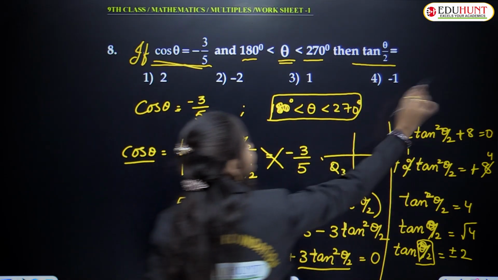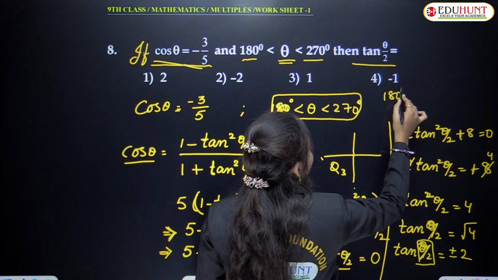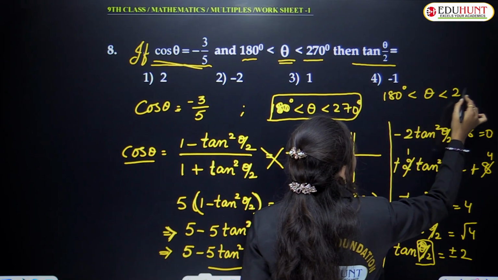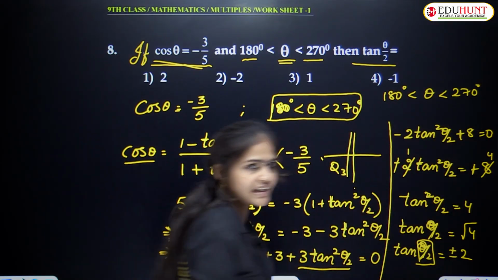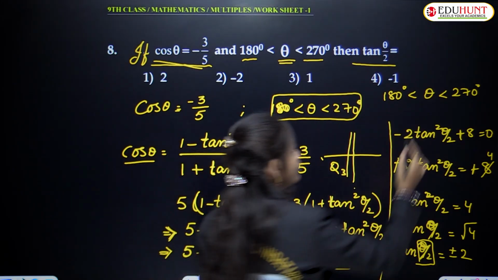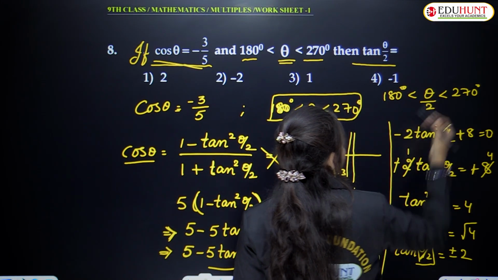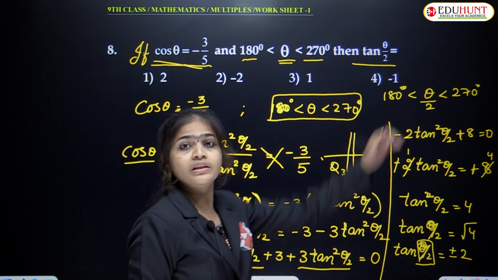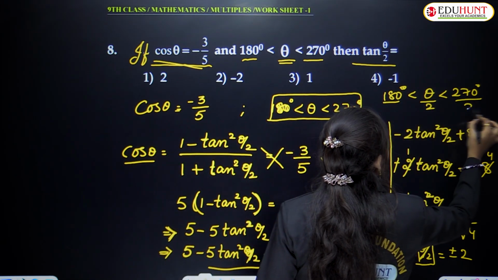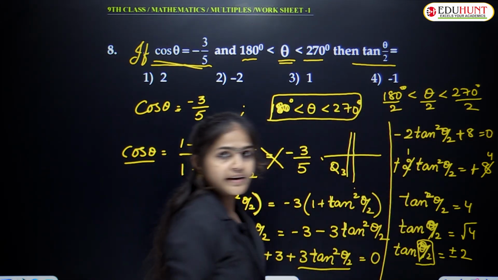So here, 180 degrees is less than theta, which is less than 270 degrees. Actually, this is the given condition for theta. We need to find out for theta by 2. So we divide by 2, which means both sides also we have to divide by 2. Understand?